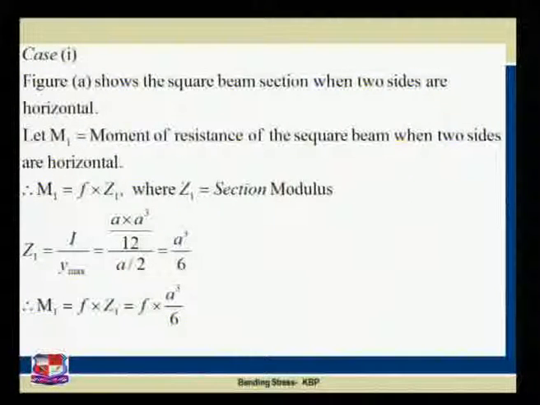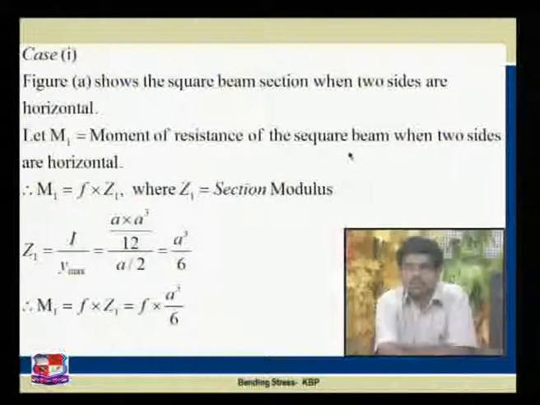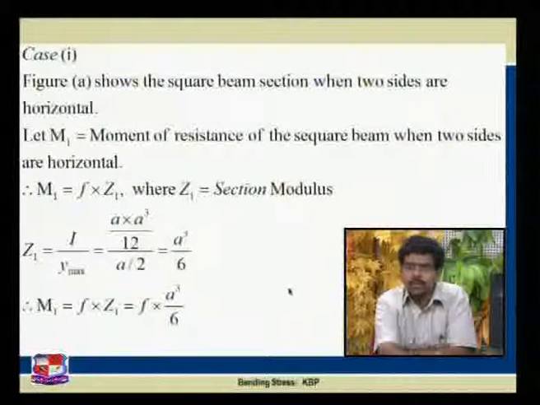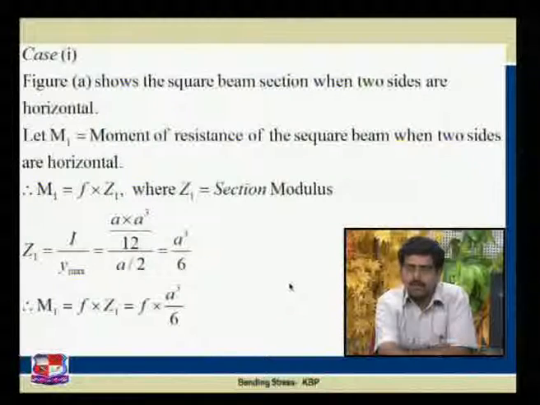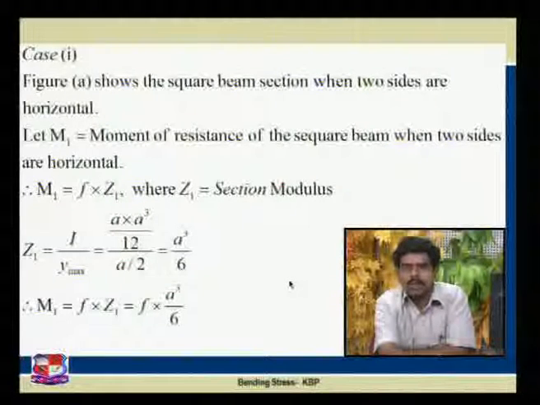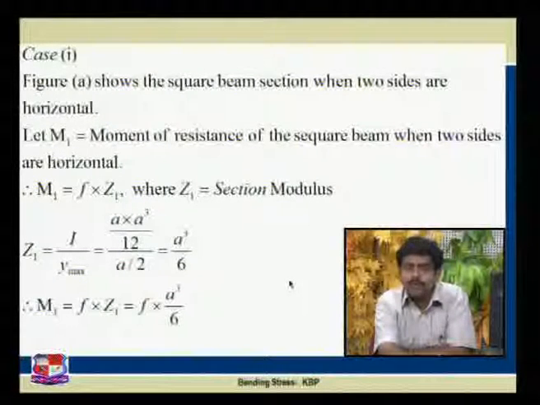Now case 1. The first figure shows the square beam section when the two sides are horizontal. Let M1 be the moment of resistance of the square beam when the two sides are horizontal. We know the equation: M1 is equal to F into Z1, because F is the same for both cases as stated in the data.